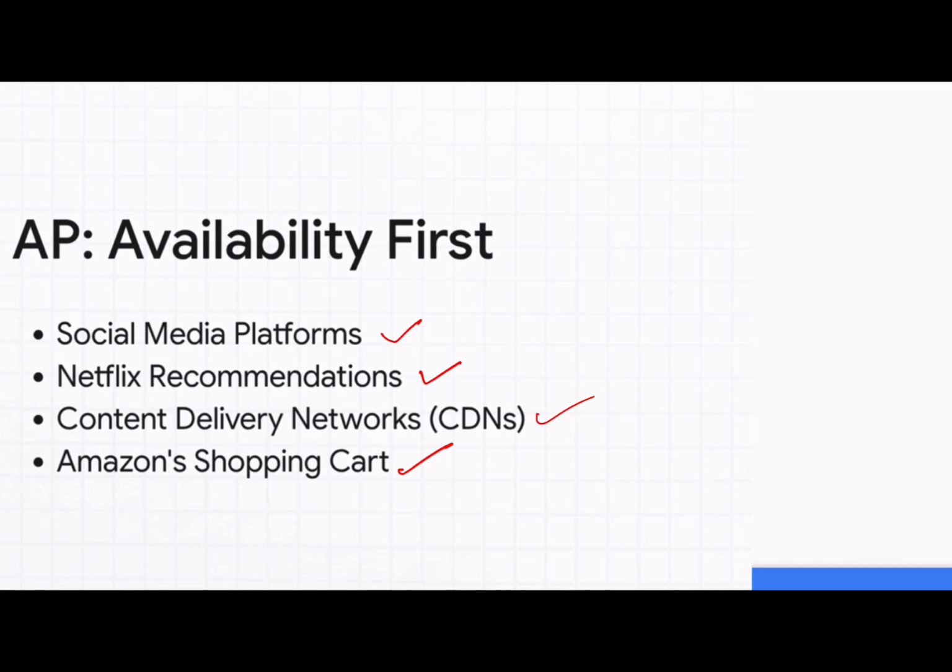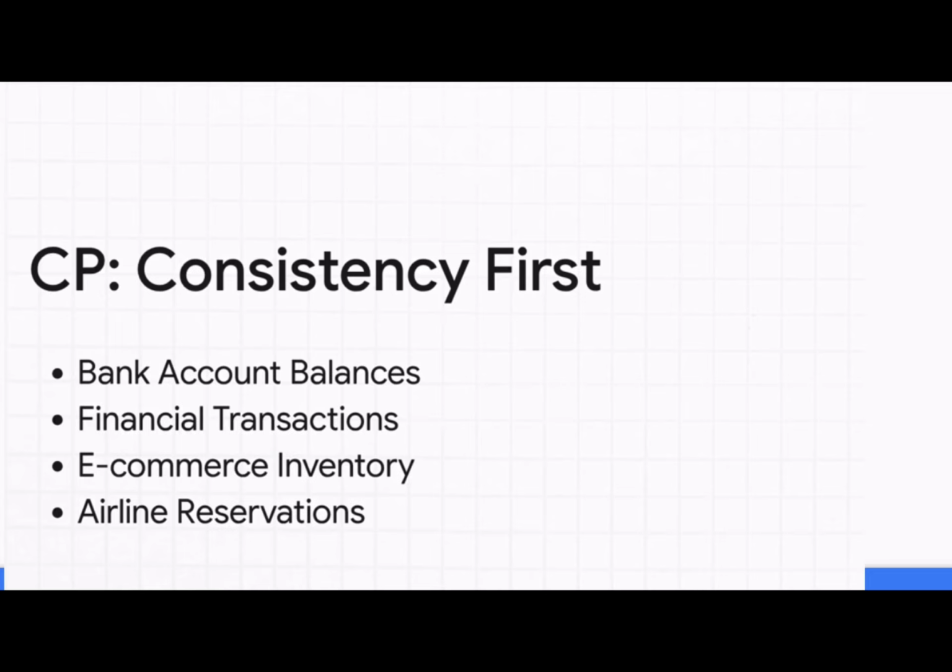Now let's have a look at some of the consistency-first applications. Bank account balances are a crucial thing which cannot be wrong. The banking application can go down for some time, but users can't afford to see an incorrect balance in their account. Financial transaction, say, for example, you have done a 1 million transaction, you cannot afford to not see it.